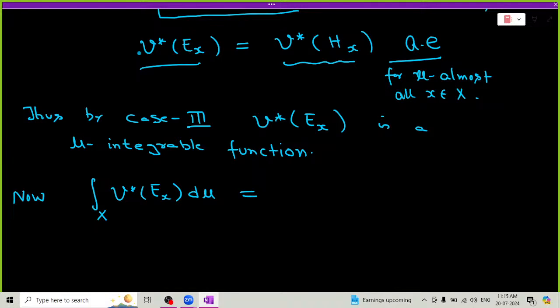This will be what? Since this function is equal to this AE, so the integrals will be same.